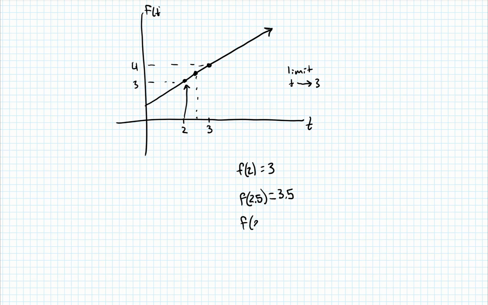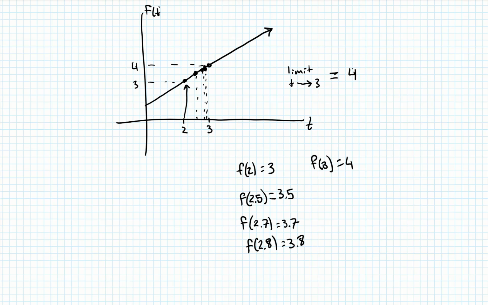Maybe f of 2.7 is equal to 3.7. f of 2.8 equals 3.8, and so on, getting closer and closer to this value at 3, f of 3, and we know that that's equal to 4. So you'd say that the limit as t approaches 3 is going to be equal to 4.